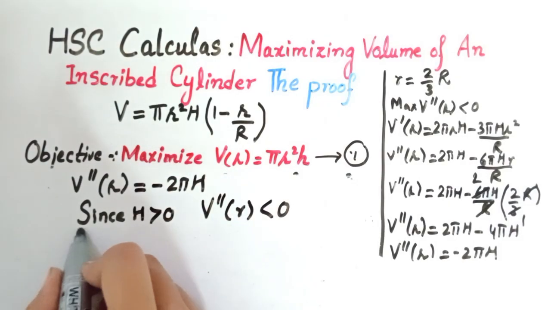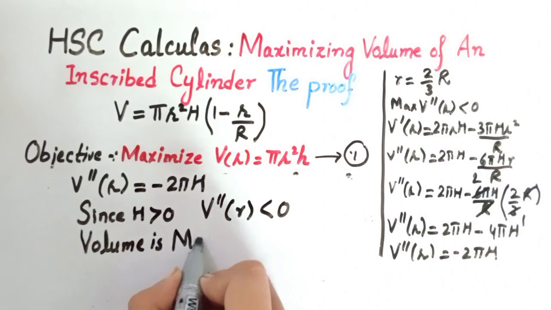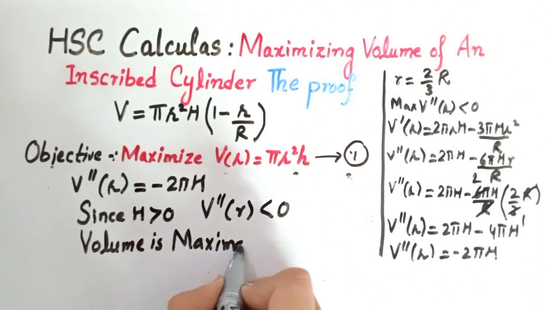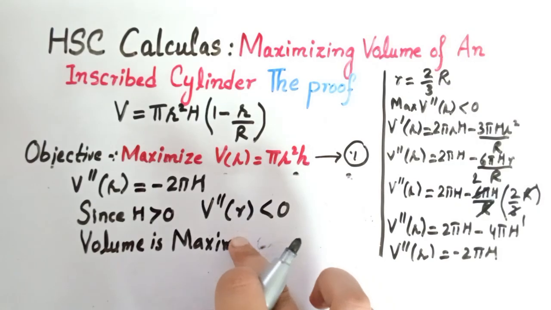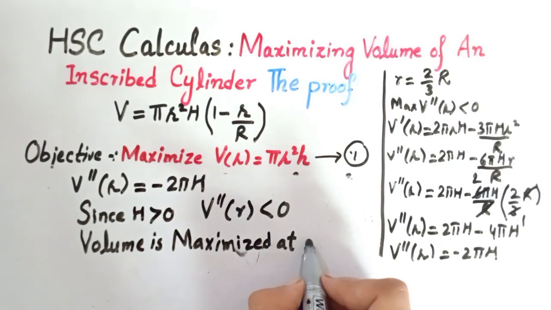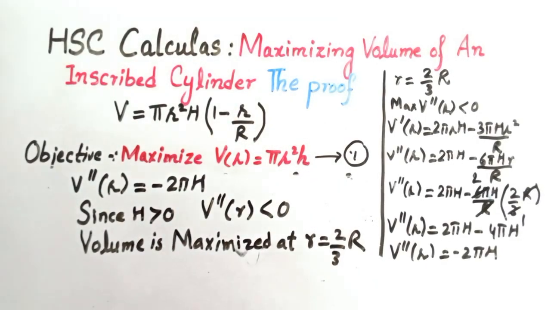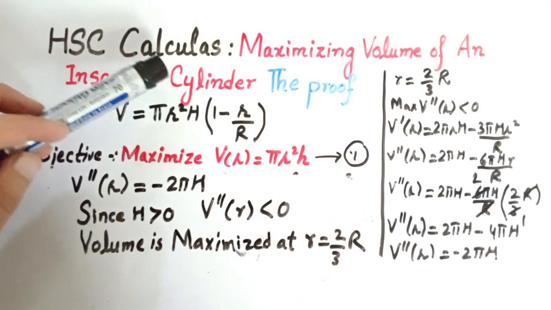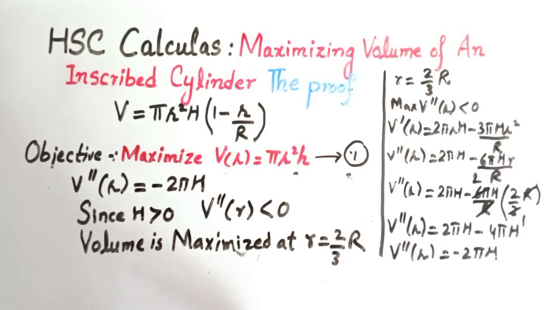So volume is maximized at small r equal 2 by 3 capital R. So this is our final proof. You have to maximize the volume of a cylinder. The equation is given. In this way we have solved this.